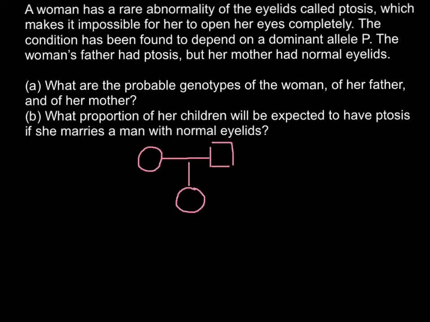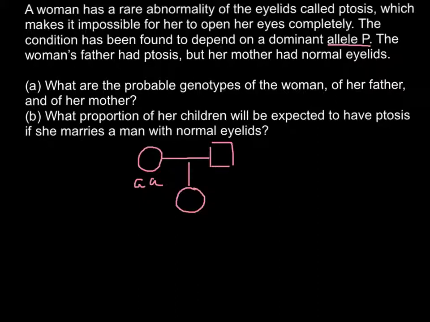So we would put small a for the genotype of her mother, and I prefer to use small a and capital A because these letters are different, instead of using P, for example, as in our problem, and it would be easier for you to follow me.